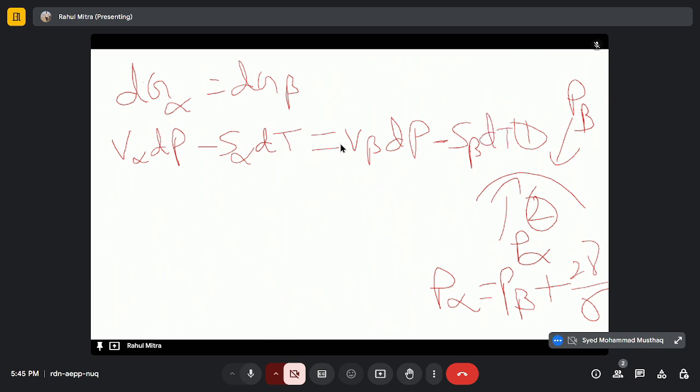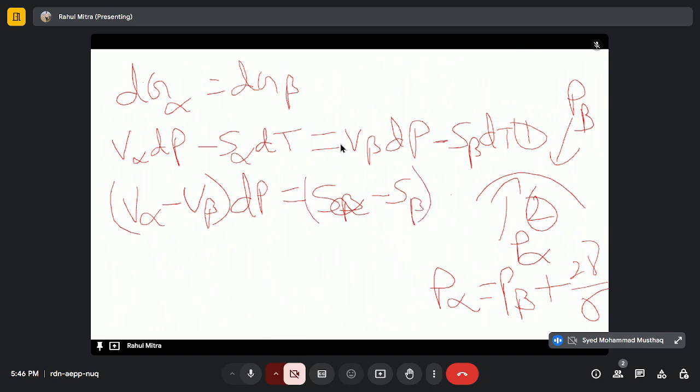So if you subtract, V alpha minus V beta times dP equals S alpha minus S beta times dT.